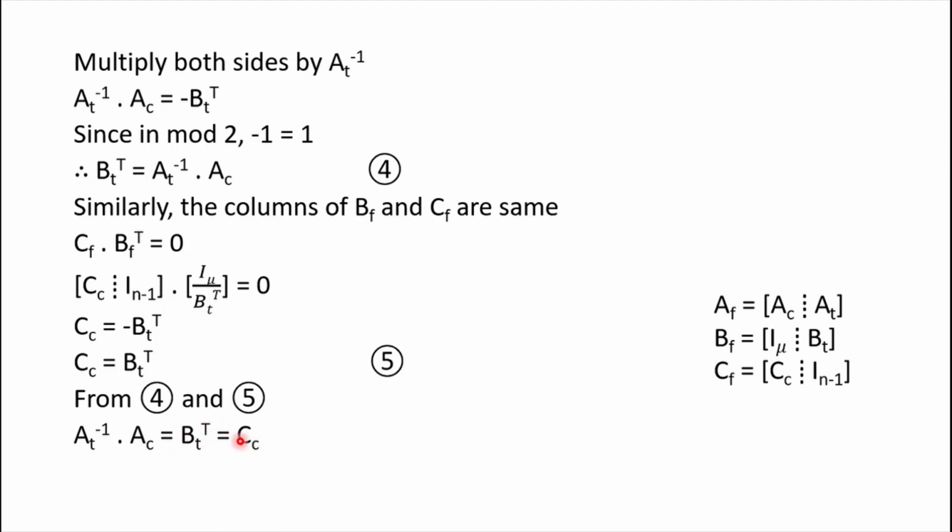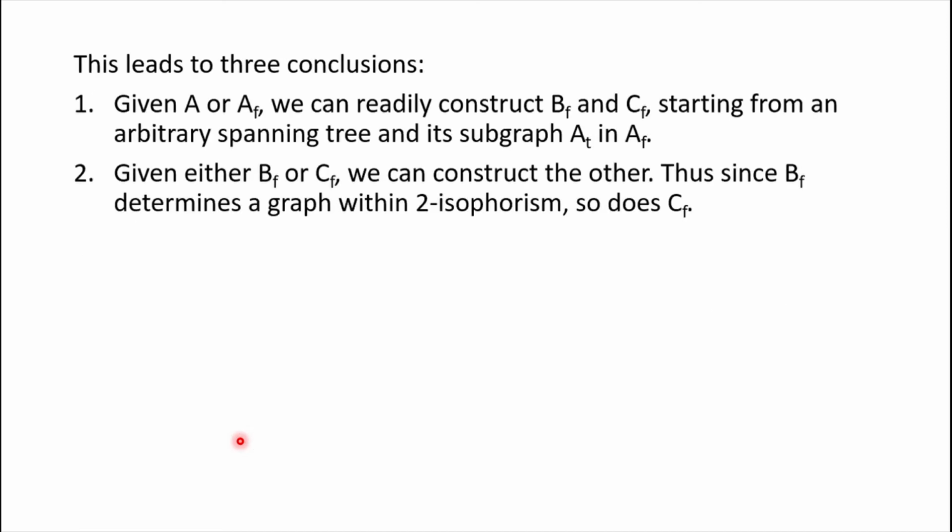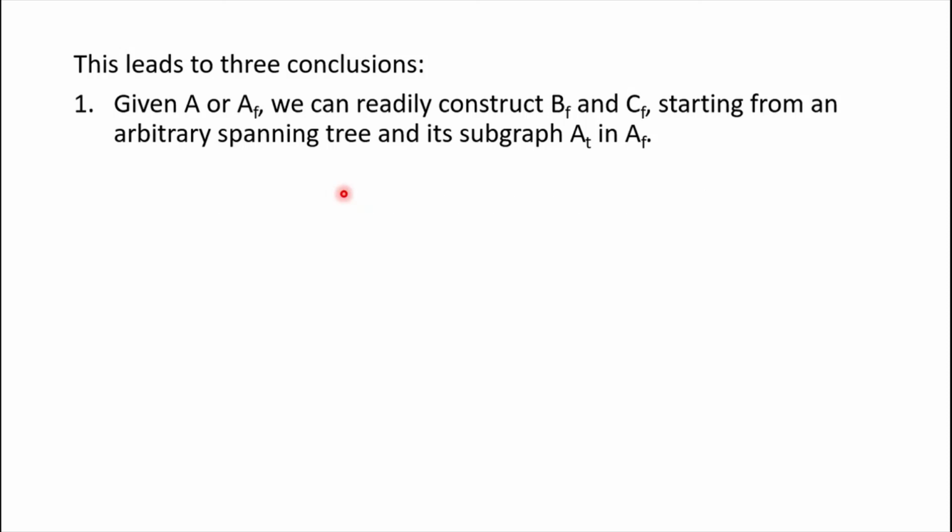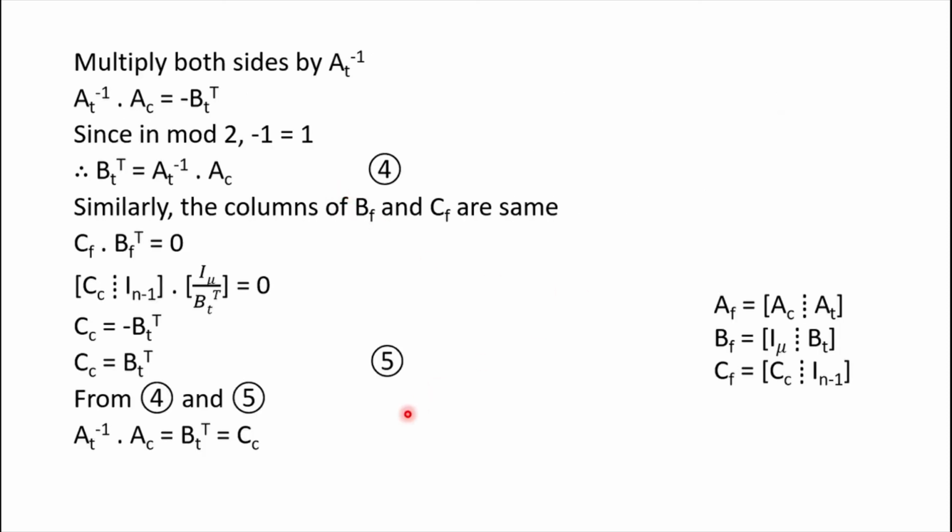This is the first conclusion, and the second one is, given either BF or CF, we can construct the other. Thus, since BF determines a graph within two isomorphisms, so does CF. If you're given BF, where BF is equal to [I_mu BT], you have BT, and therefore you will get the value of CC.